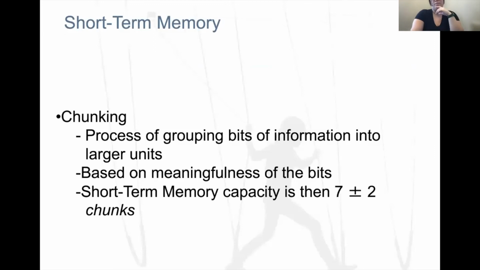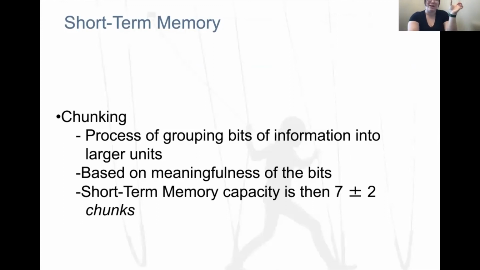So chunking is the process of grouping bits of information into larger units based on meaningfulness of the bits. Short-term memory capacity is then 7 plus or minus 2 chunks. So you can remember more information, right? You might be able to remember more phone numbers, right? A 7-digit number.